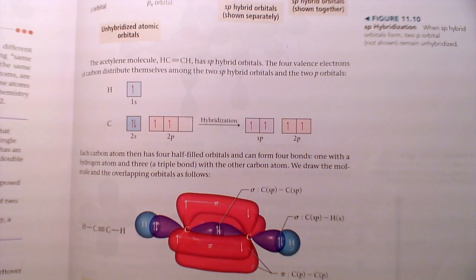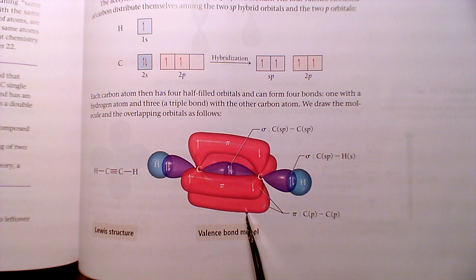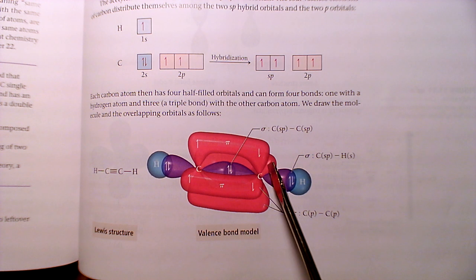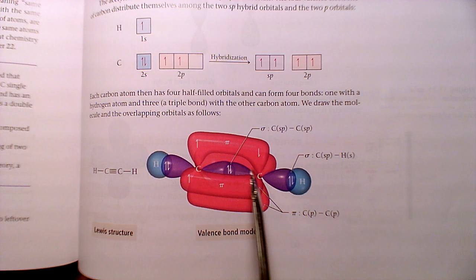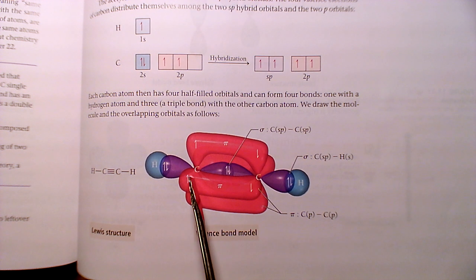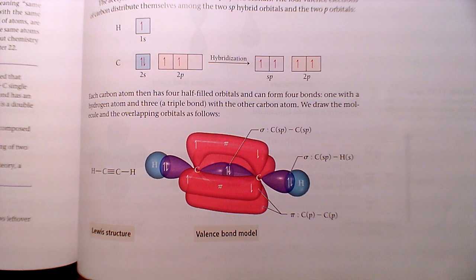This one's going to form 1 sigma bond, the purple sigma bond in the middle here, and then 2 pi bonds. Here's 1 pi bond up here and down here, above and below. Here's a second pi bond, coming out towards us and back. So a triple bond consists of 1 sigma bond from the overlapping sp orbitals on each carbon, and 2 pi bonds from the overlapping unhybridized p's in this direction and the overlapping unhybridized p's in this direction. So that's how we get a triple bond: 1 sigma, 2 pi bonds.